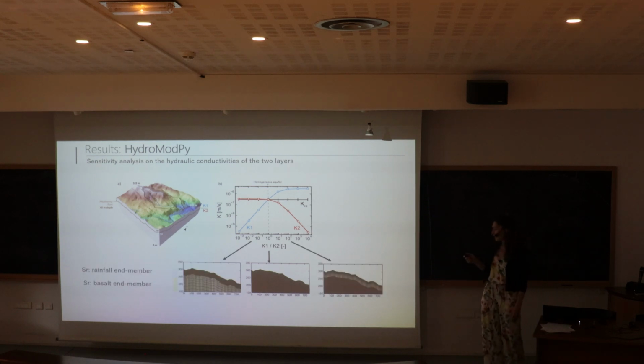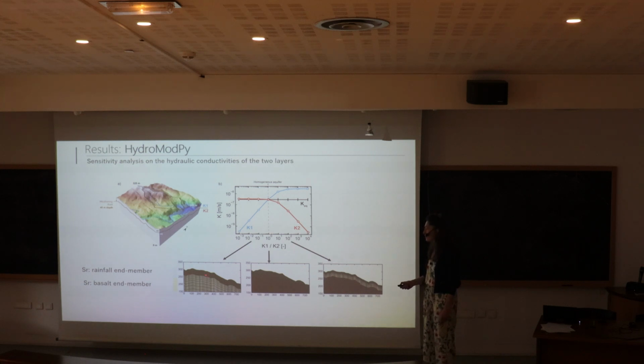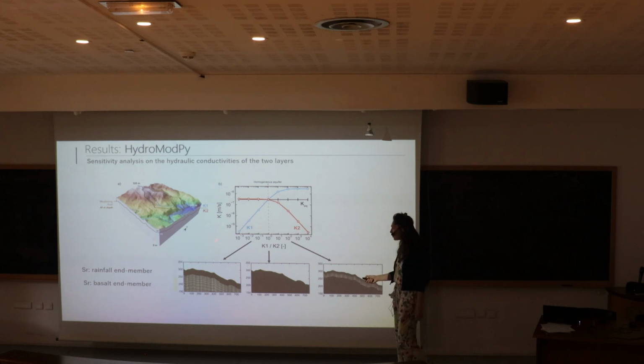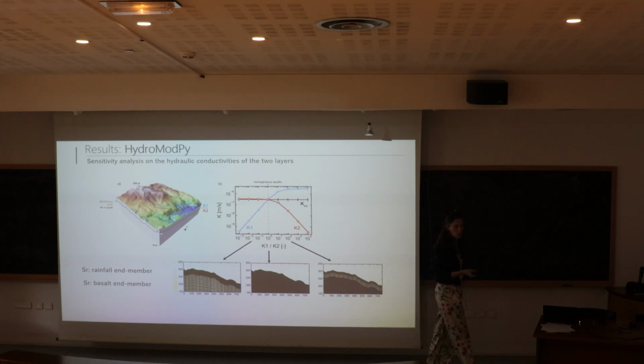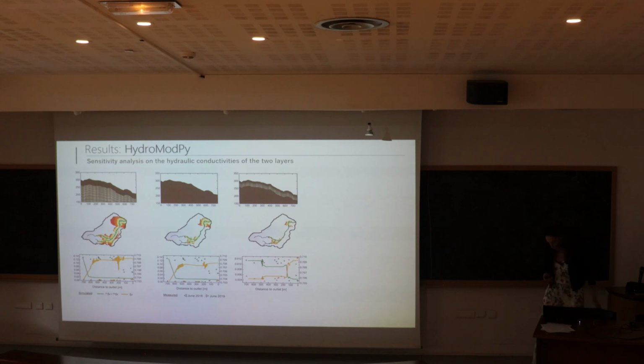We considered cases where the hydraulic conductivity of the upper layer is smaller and cases where it is higher. And once again, everything that's flowing in this part has a strontium composition of the rainfall end member, and the other one of the basalt end member. So I'll go to the results.